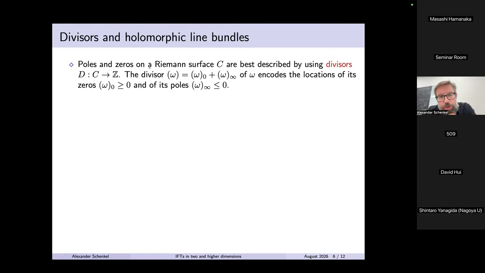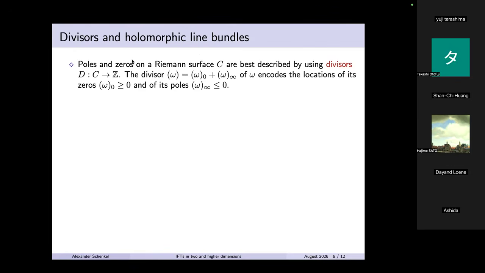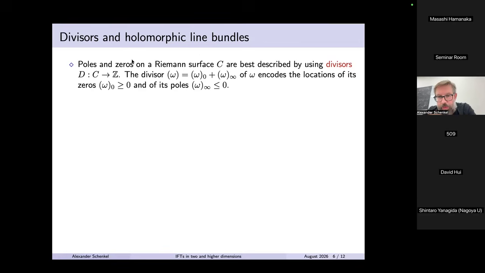So when you want to describe poles and zeros of a meromorphic function, say, or meromorphic forms on a Riemann surface, you need some kind of gadget in order to encode the location of the poles and zeros. So you have to say, here is a pole and here is a zero. And you also have to record the order of the poles and zeros. So these are the key invariants, the key information in poles and zeros of a meromorphic function.